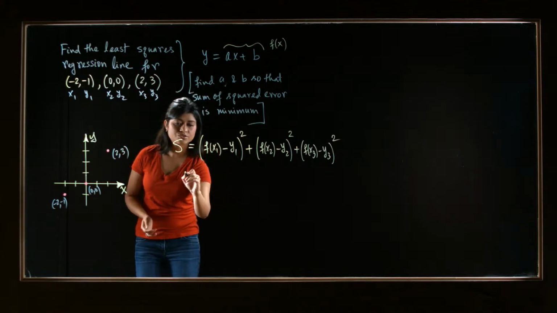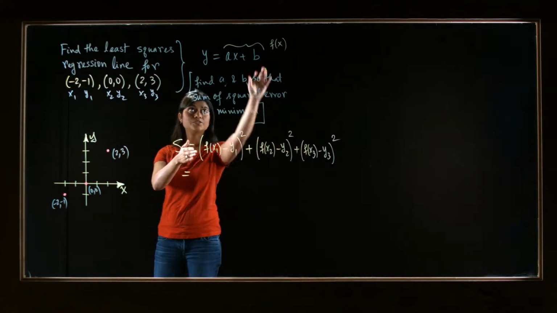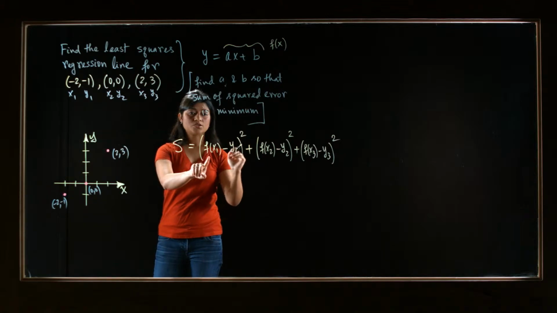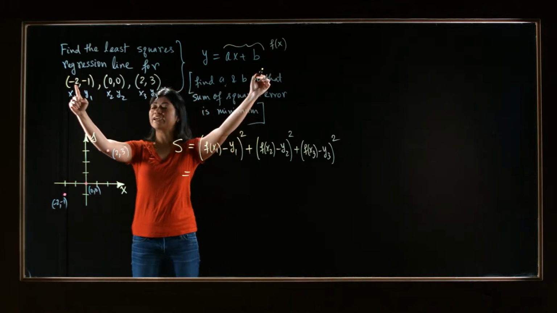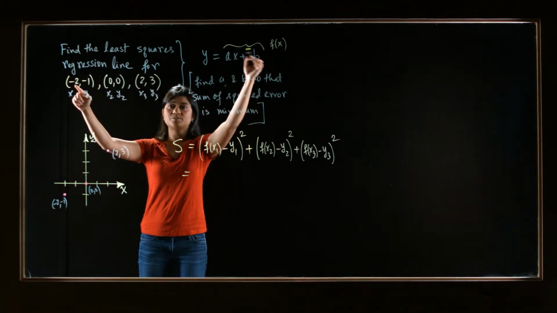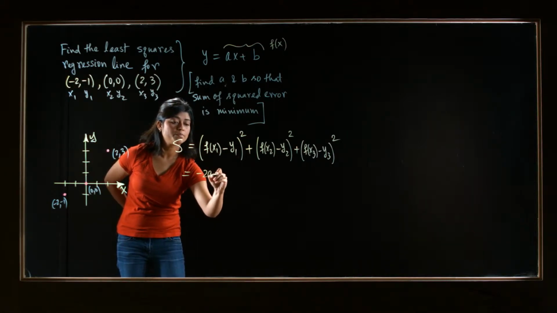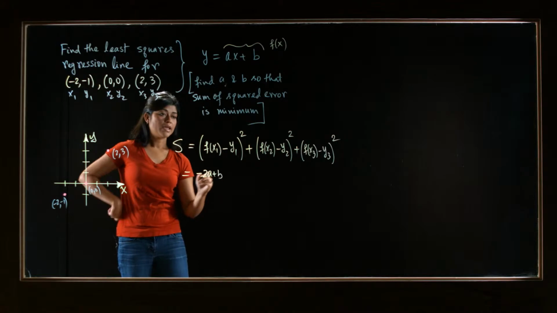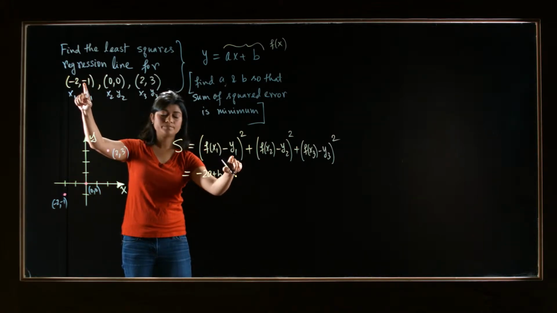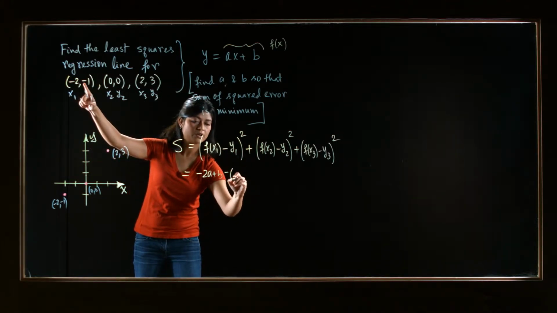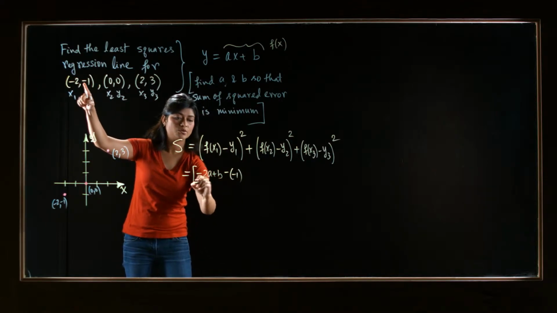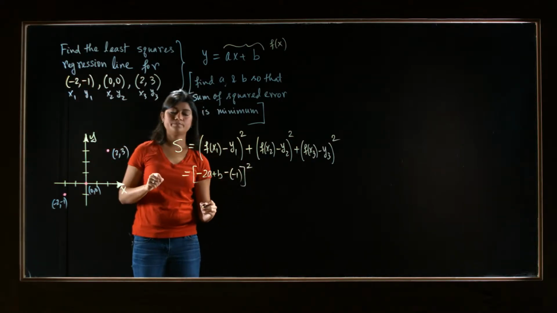Okay, so let's rewrite this expression using our function and the points. So what is f of x1? x1 is -2. Plug that in this expression. So we get -2a plus b. And then y1 is -1. So this is minus of -1. And the whole thing has to be squared.